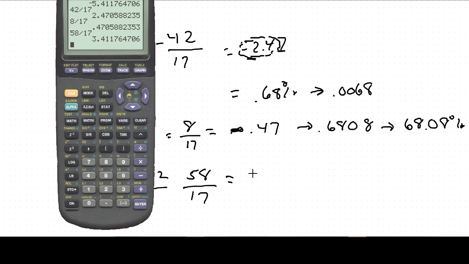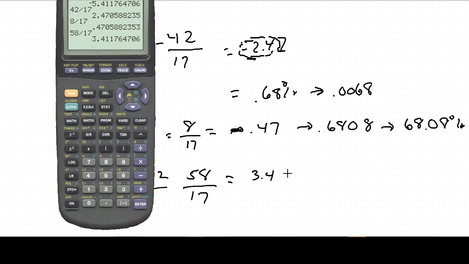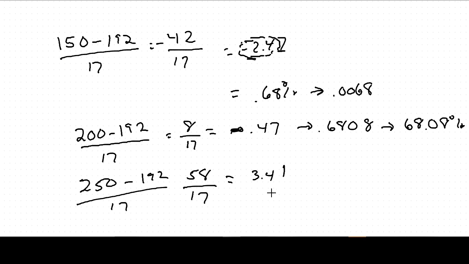That gives us a z-score of 3.41. And then tell me the probability that you get from the chart. 90-something? 0.9997.